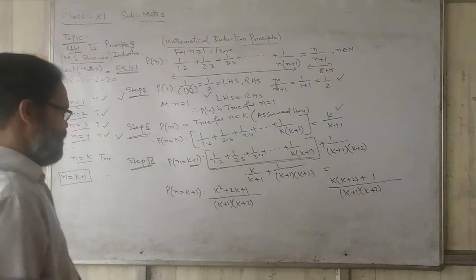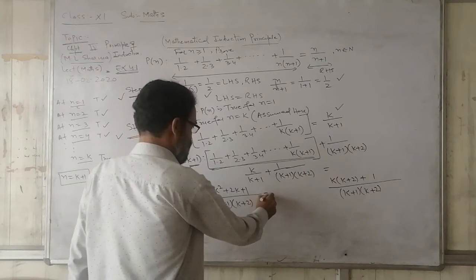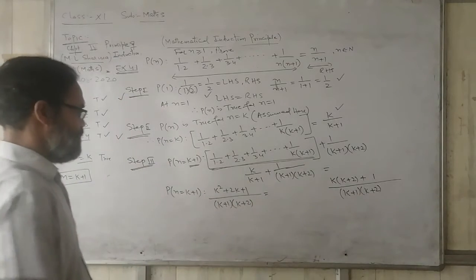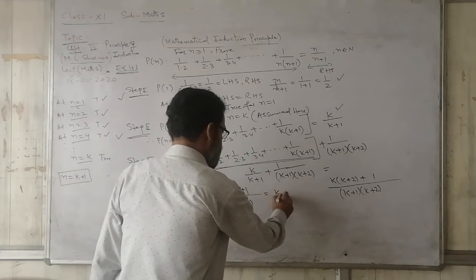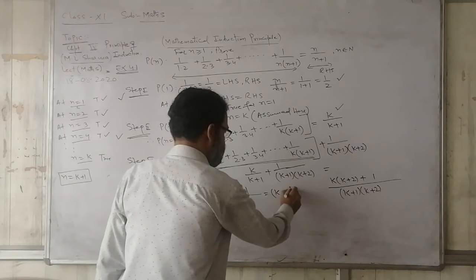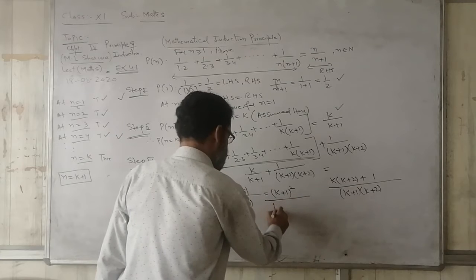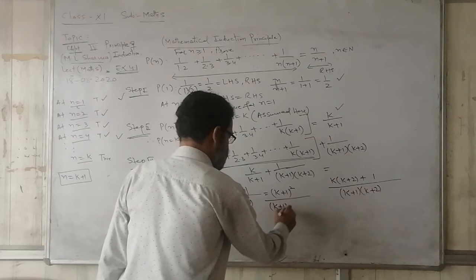This can be the whole square of k plus 1 in the numerator.